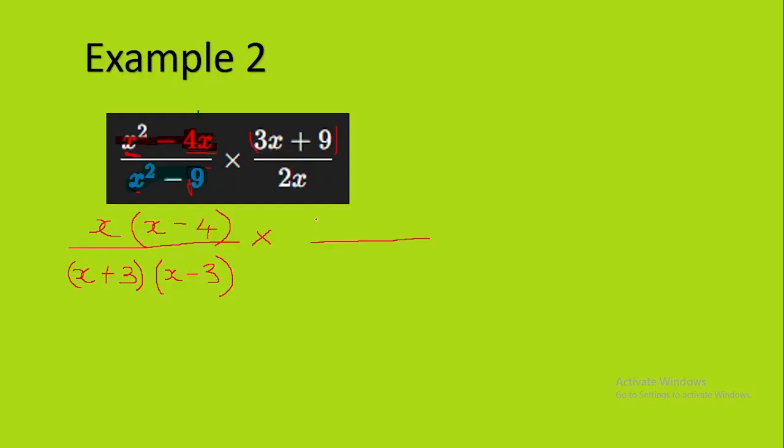So using the highest common factor, we'd have 3 in bracket, x plus 3, and for the denominator, we'll just put our 2x right back.